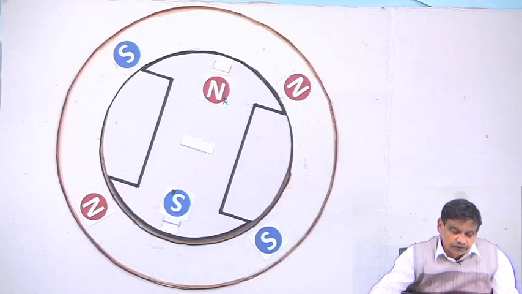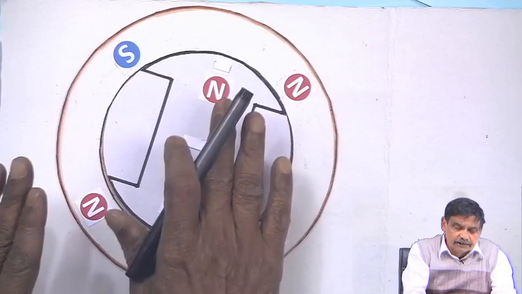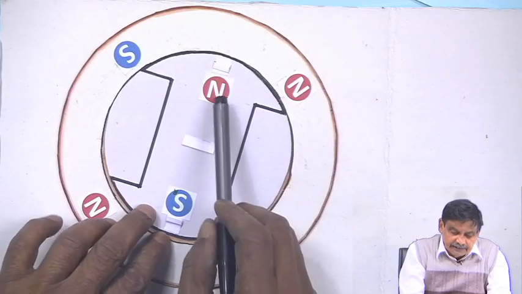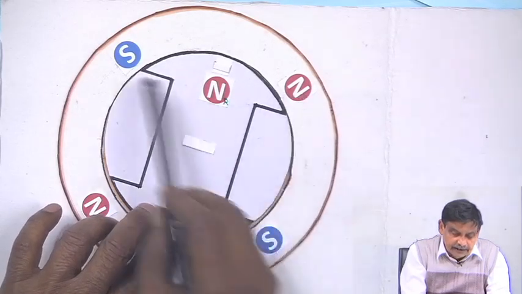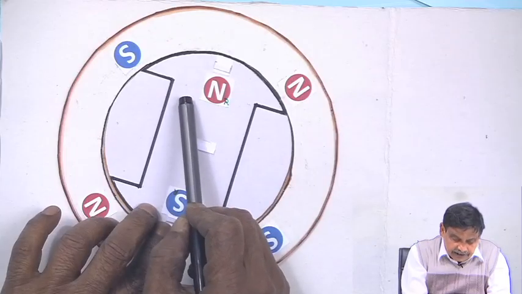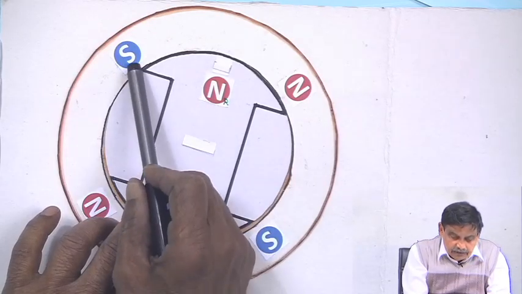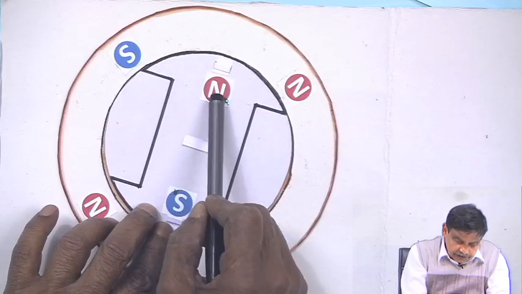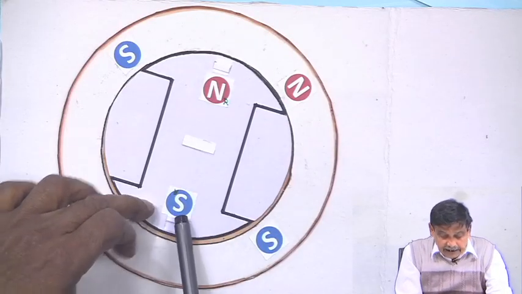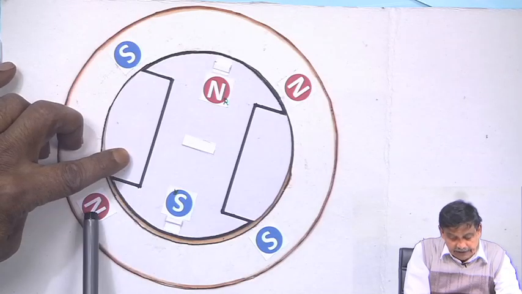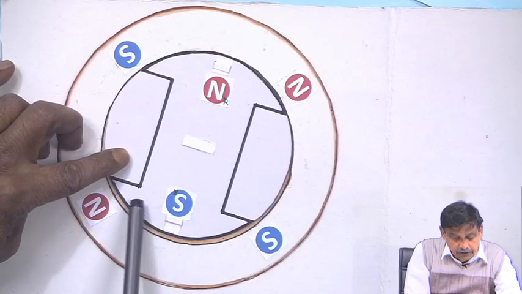Suppose the rotor is in this position now. Will the rotor experience any torque or not? See, this rotor N and this stator N will repel in this direction, and it will be attracted by the S. So in this direction you get a force on this side, and here this rotor S will be repelled by this and attracted by this S. So, it will be like this.